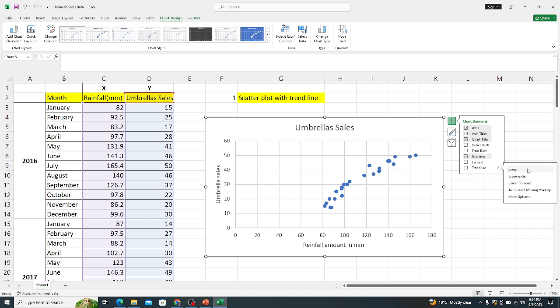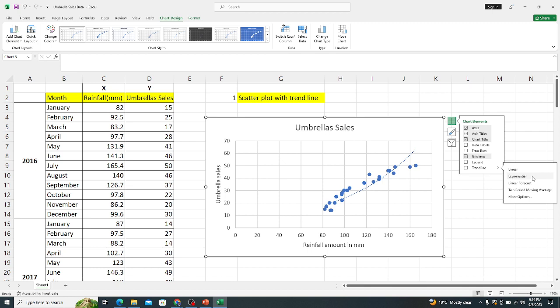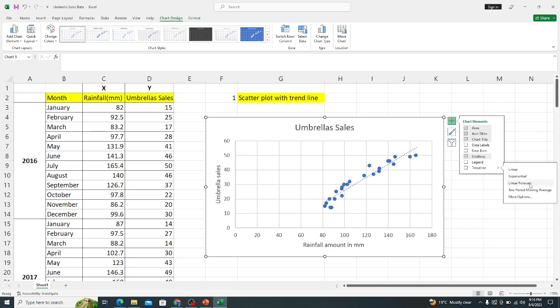Then if you want a trend line, it's either linear, it can be an exponential trend line, or it can be a linear forecast. Or it can be a 2 period moving average, which is for time series.